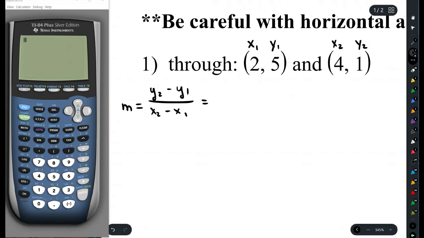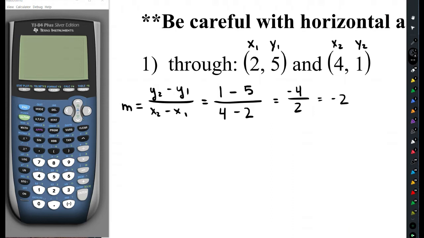And just be careful plugging it all in. You guys all did pretty well with slope. So 1 minus 5 all over 4 minus 2 means our slope is negative 4 over 2, or negative 2. We're going to reduce it as much as we can.